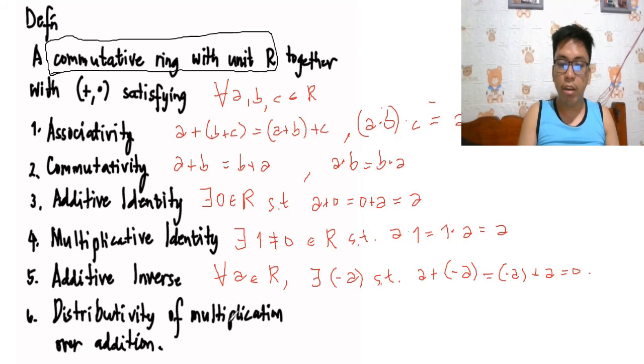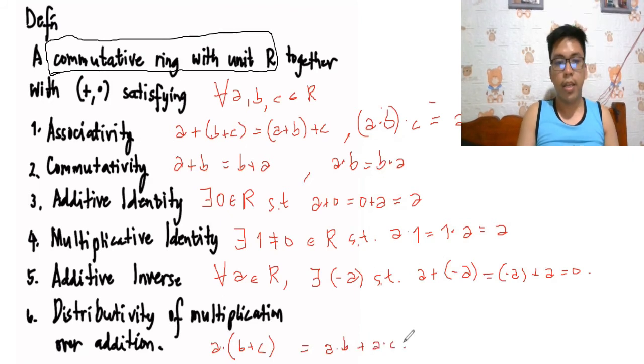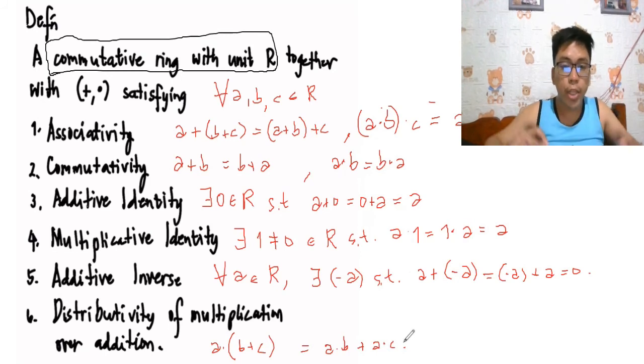And distributivity of multiplication over addition is that you have a times (b plus c), and that's the same as a dot b plus a dot c. That's it. So this is a criteria for identifying that the set R is a commutative ring with unit.